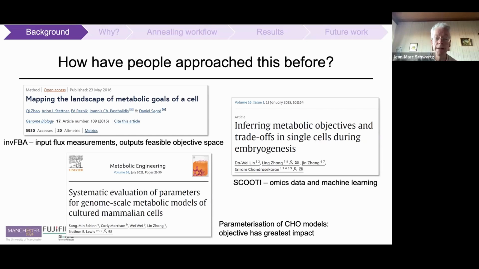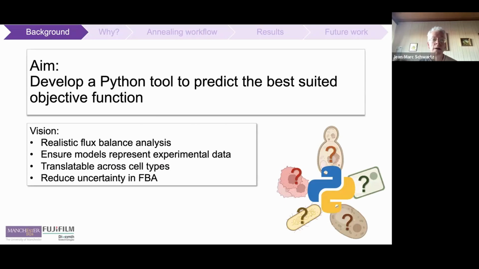They more systematically tested all the meaningful objectives and tried to find which one matches best the measurements or the data they had. And one of the important outputs was that indeed growth maximization is not really the best objective. So to find something meaningful, we need something a bit more complex than just using growth.